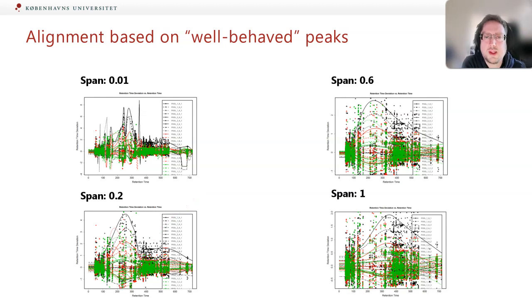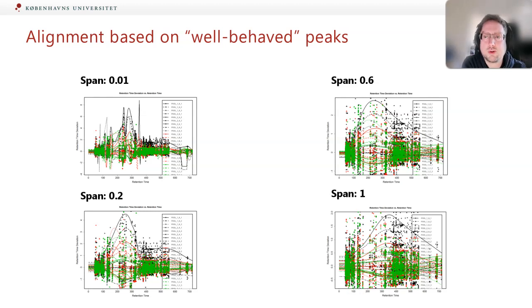If we make it too flexible, we will overfit and likely not make the data better. If we make it too smooth, we won't be correcting the retention time enough, and it won't help that much. So what I look for when deciding on the span parameter is that the lines do not go up and down all the time.